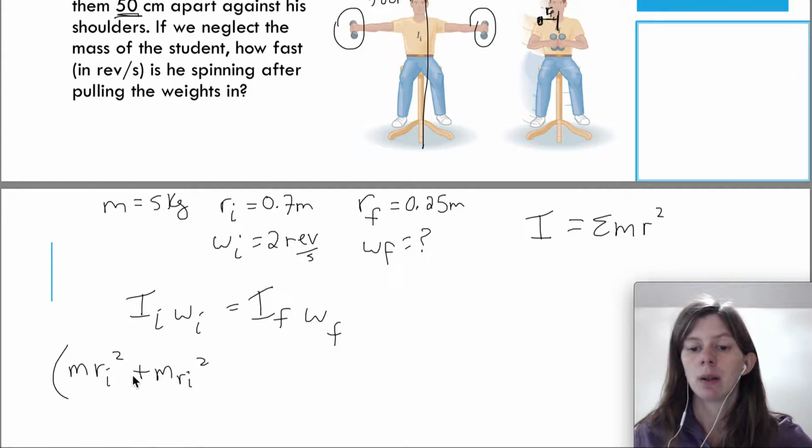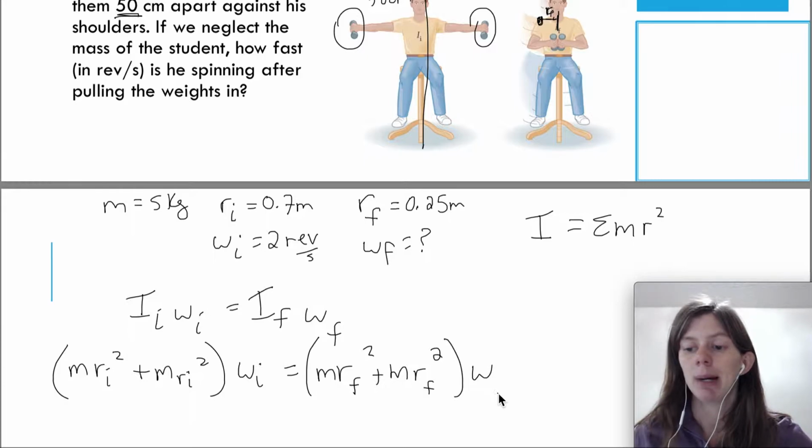And then we have omega initial, then we have the same thing for the final, and I'll just write it the same way, m r final squared plus m r final squared. I don't have to write 1 and 2 because they're the same. That's going to be multiplied by omega final.